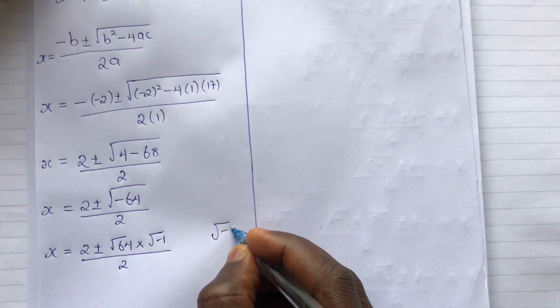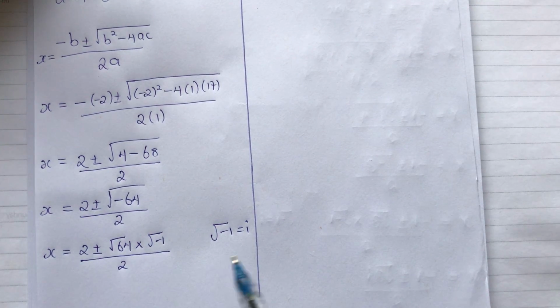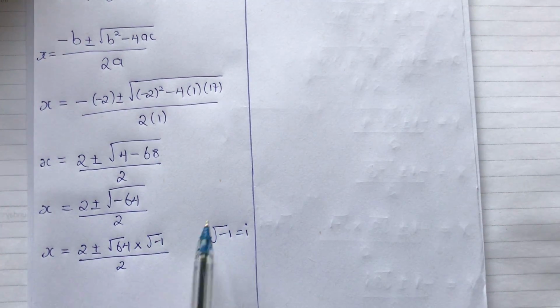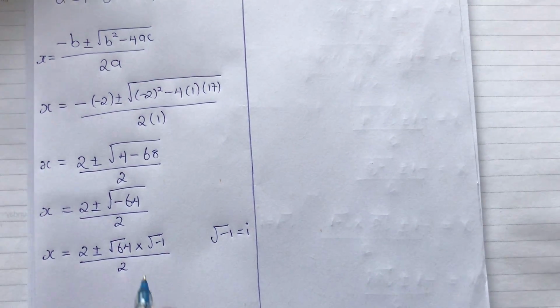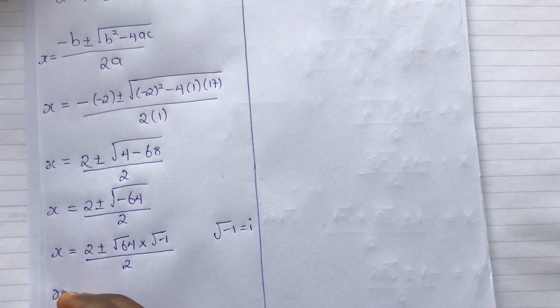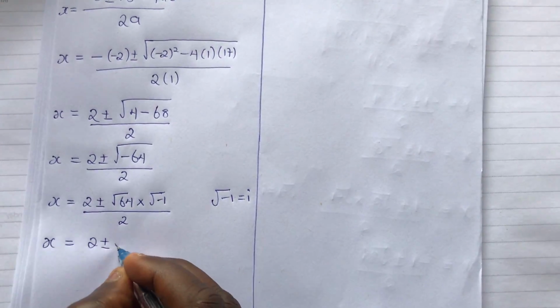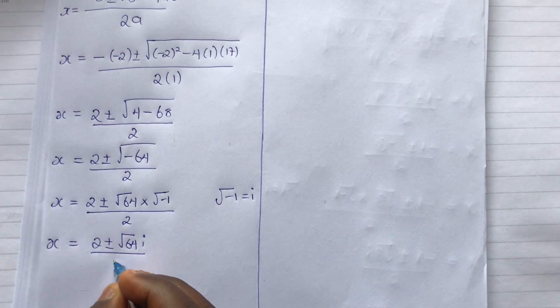So root of negative 1 is equal to i. If this is your first time watching this, go over my channel and open Introduction to Complex Numbers under Engineering Maths 2 for the explanation. So we can now say that x will be equal to 2 plus or minus root of 64 i, all over 2.